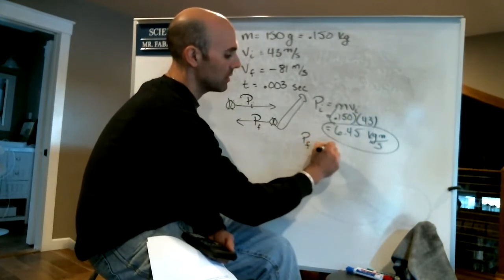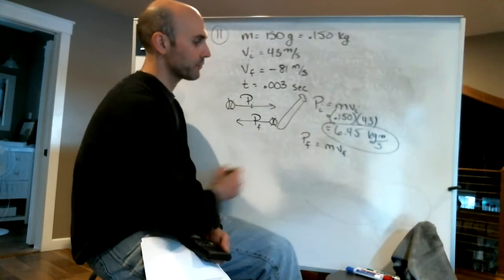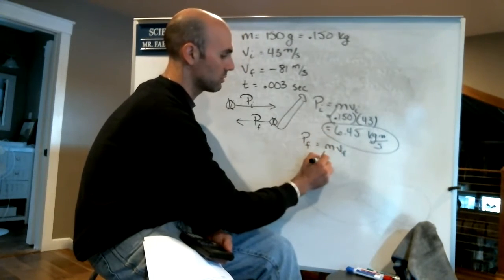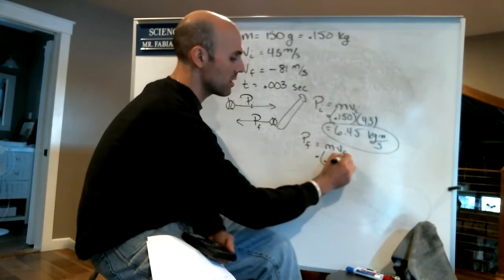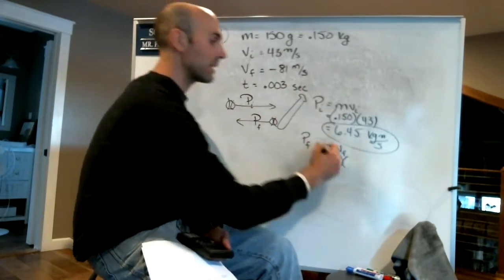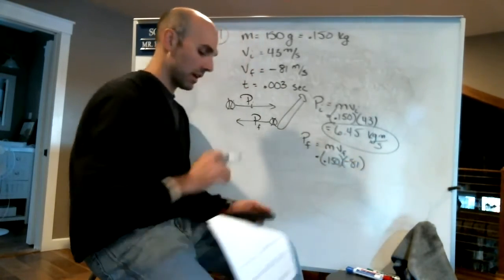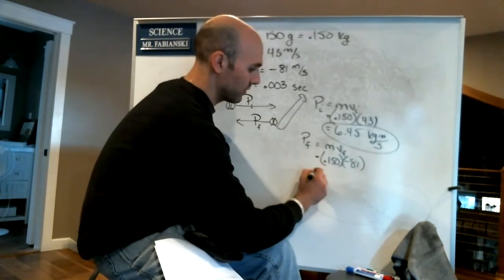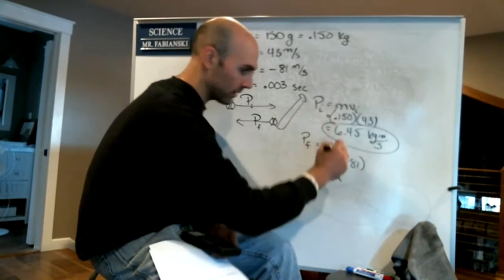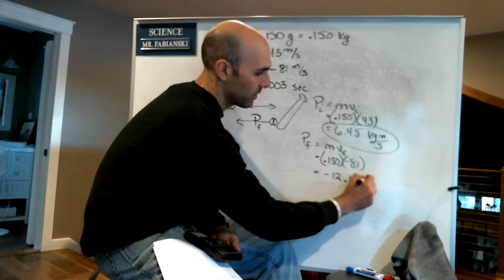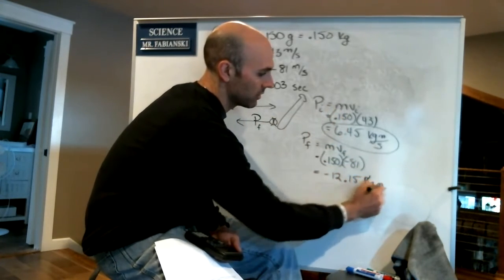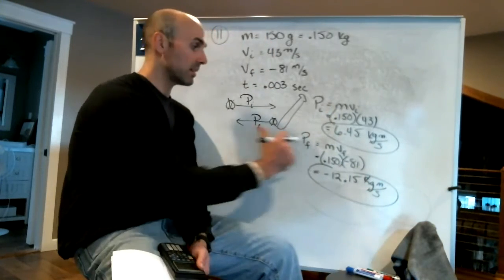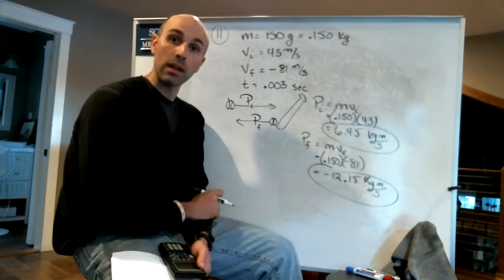P final equals m times the final velocity. M would be 0.150. The final velocity is now negative 81 meters per second. Let's multiply that out. And we get negative 12.15 kilogram meters per second. And remember that negative implies direction because it is moving opposite the original direction.